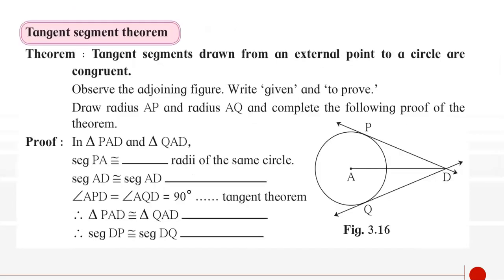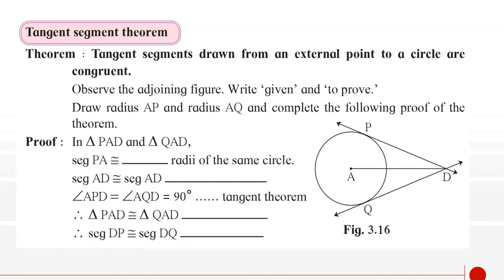Now let us see this particular theorem. This is called the tangent segment theorem. Tangent segments drawn from an external point to a circle are congruent. Now observe the figure given alongside, that is 3.16.